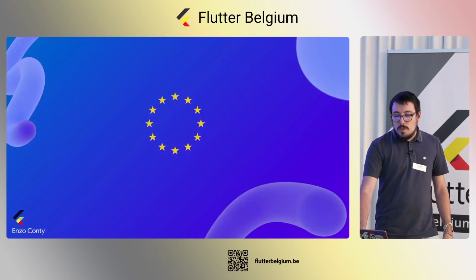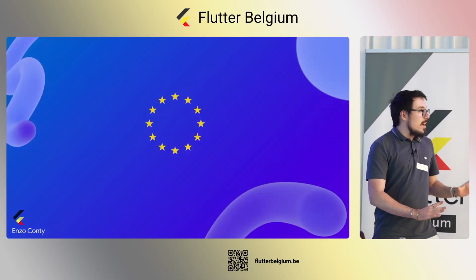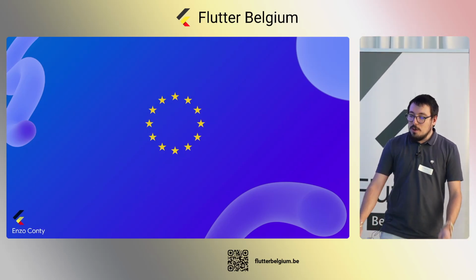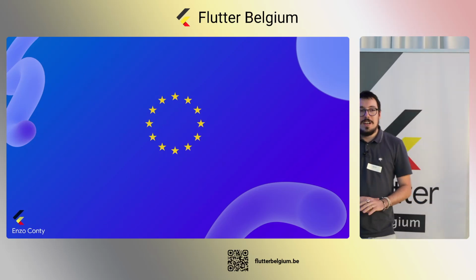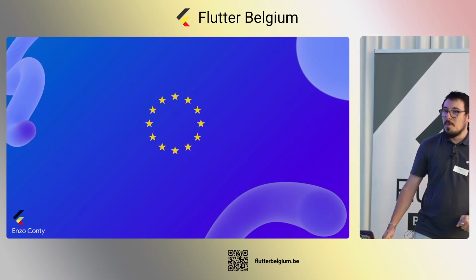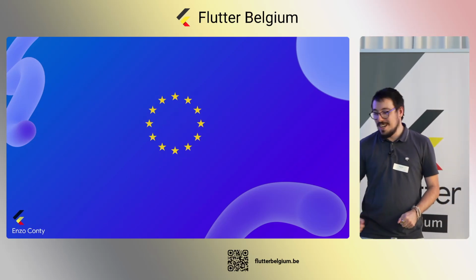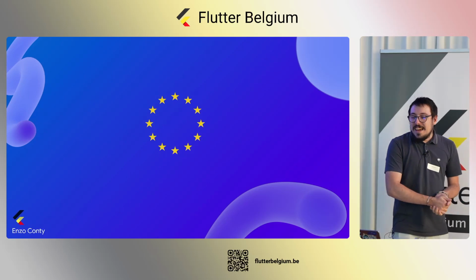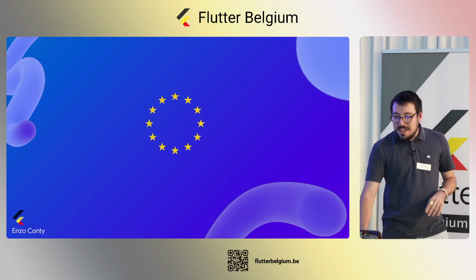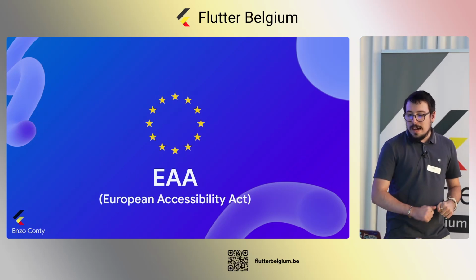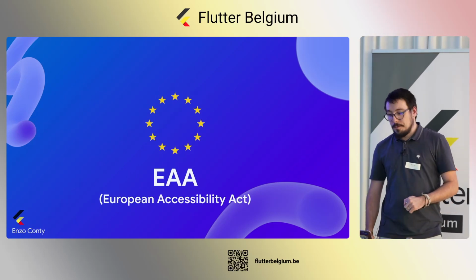This is super important because firstly, 15% is a big number. But also, if I didn't convince you with this, you can probably recognize this flag. It was a little bit more awkward when I did this talk in London last time. Starting in 2025, there is something called the European Accessibility Act, EAA.